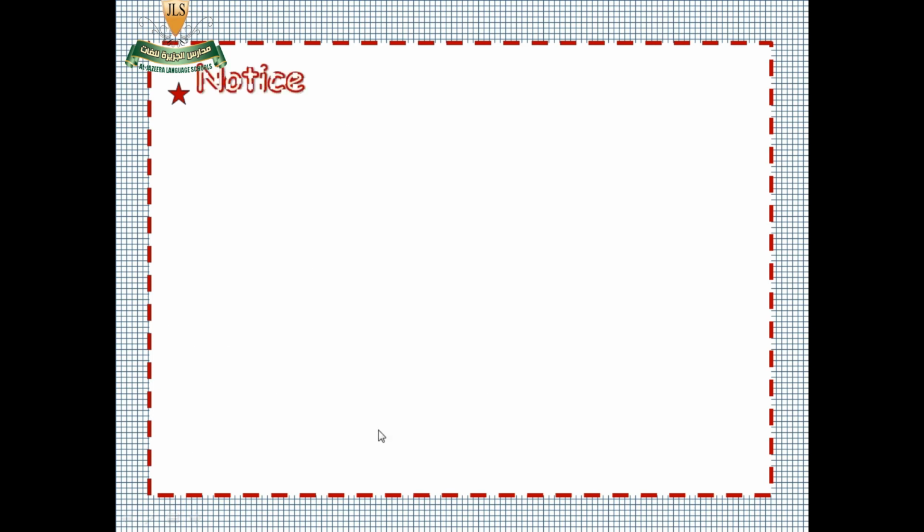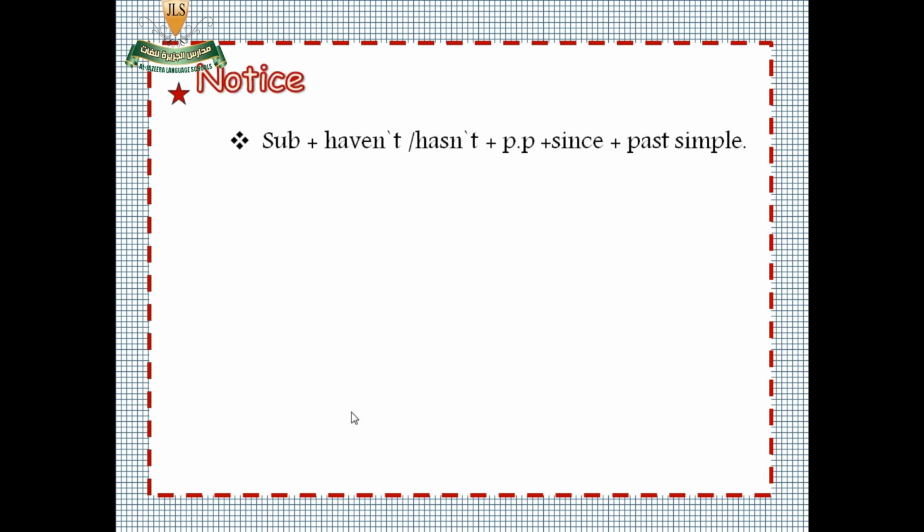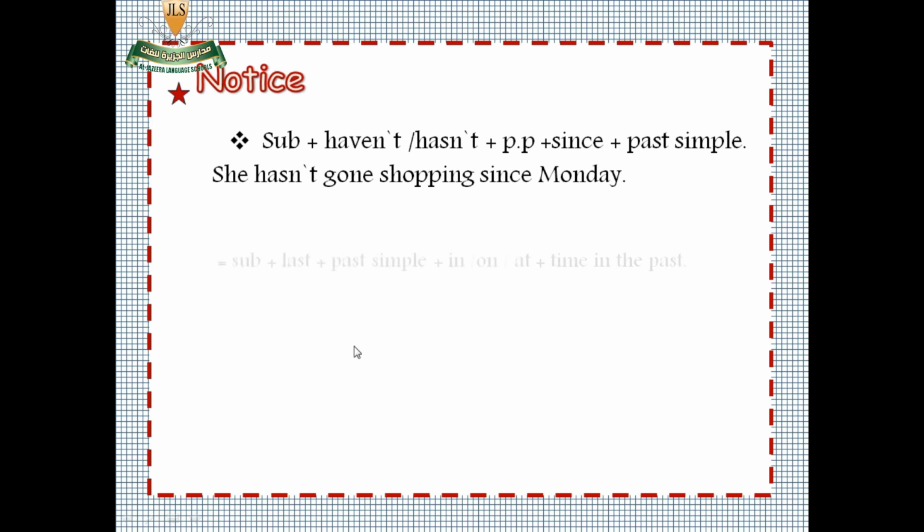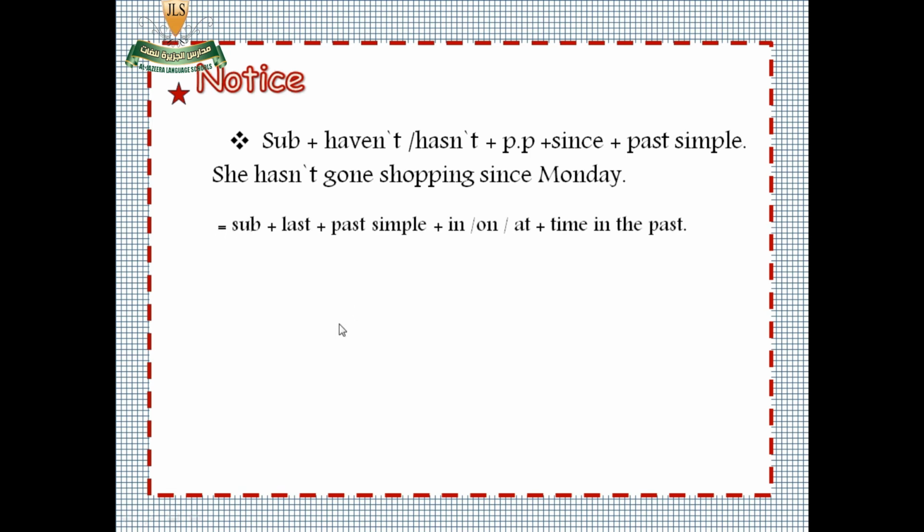Okay? And another notice, see here, subject haven't or hasn't plus past participle, and after since we know that comes past simple. I can change it into she hasn't gone shopping since Monday. So how can I change it? Subject last plus past simple plus in, on, at plus time in the past.